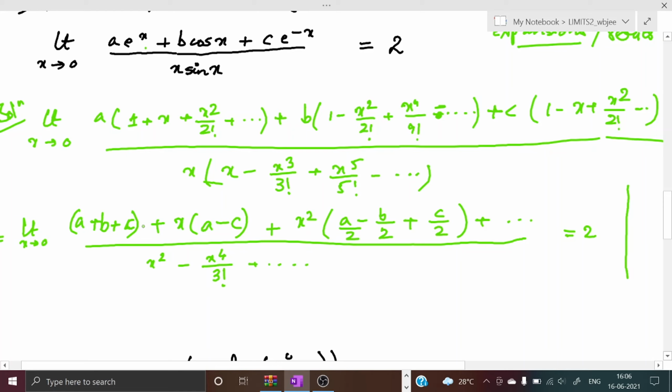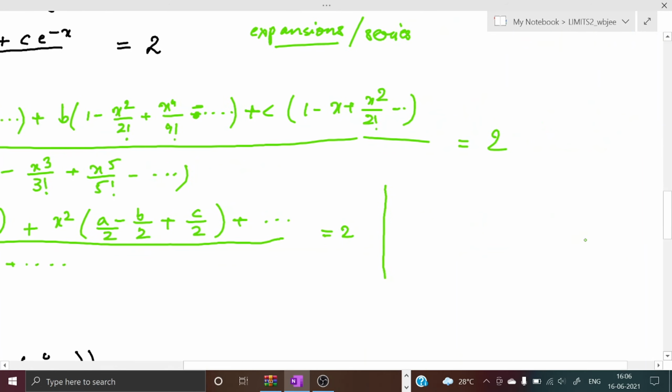X to the power 0. So if the limit has to exist, the lowest power of x has to be x square. So that if you divide both the numerator and denominator by x square, then what will happen? The lowest term will remain and all the rest terms will become equals to 0, and you get the value. So lowest term has to be x square.